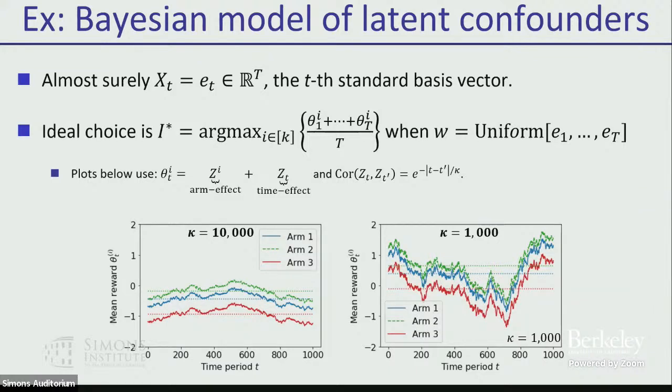And then there's an additive and shared time effect that leads to maybe just overall higher rewards or lower rewards at different points in time. This is actually not such a hard special case, because you could sample two arms very close together and take the difference in their rewards to form a nearly unbiased estimate of the difference in their true qualities.